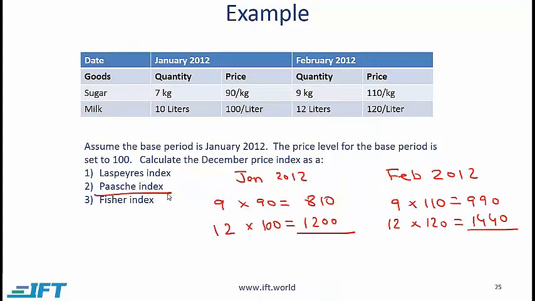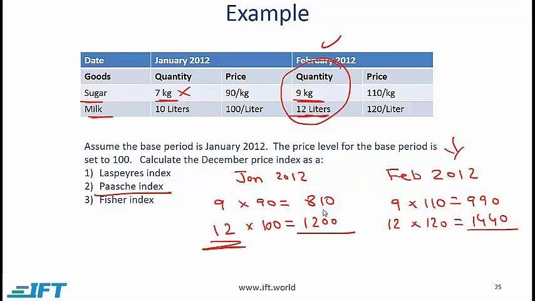With the Paasche index, we consider the current basket. So for sugar, the quantity used is 9 kilograms and not the old value of 7 kilograms. Similarly, for milk, we use the current value of 12 liters. Now, the calculation then involves 9 and 12, both for January and February, because even though this is the current month, for the previous month, we are going to use the same quantities as what we have in the current basket.